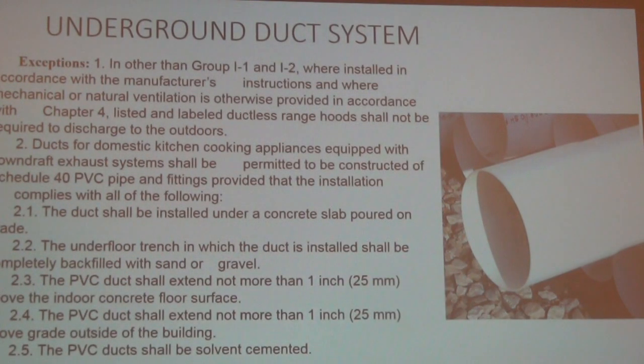Underground systems. And it talks about, I've never seen one in all my years, but it's in the code that they can use PVC on residential underground systems. Downdrafts. Pardon? Downdrafts.